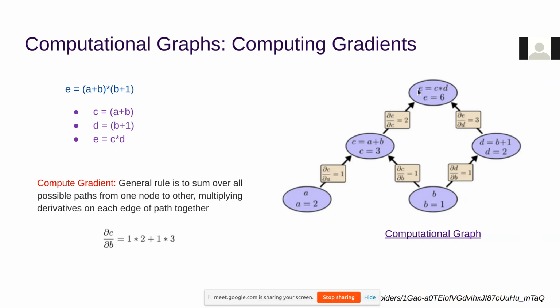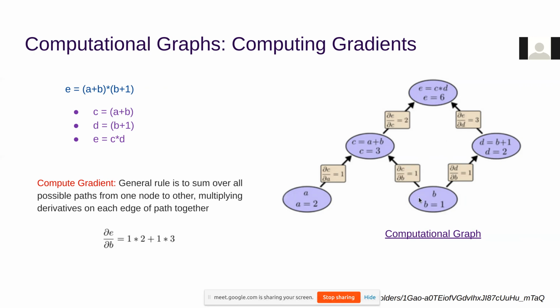Now, let's compute the gradient of E with respect to B. So start by reaching the node E, starting with node B. The node E can be reached if we go from B to C and C to E, as well as B to D and D to E. So there exist two paths starting from node B and ending at node E. So the gradient of E with respect to B will be the sum of the gradients across these two paths.